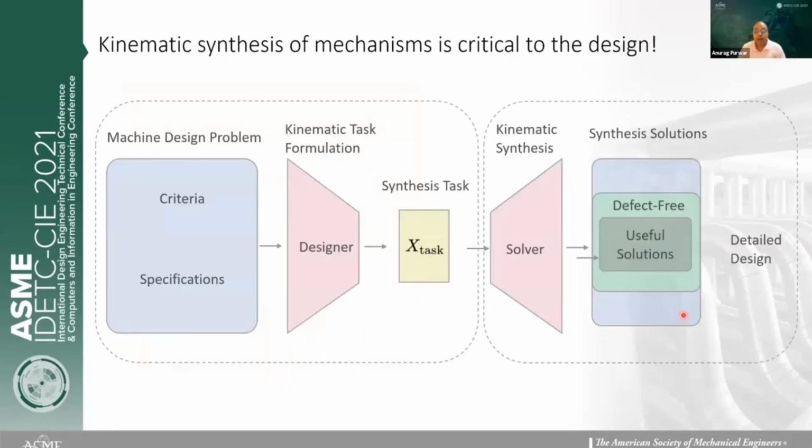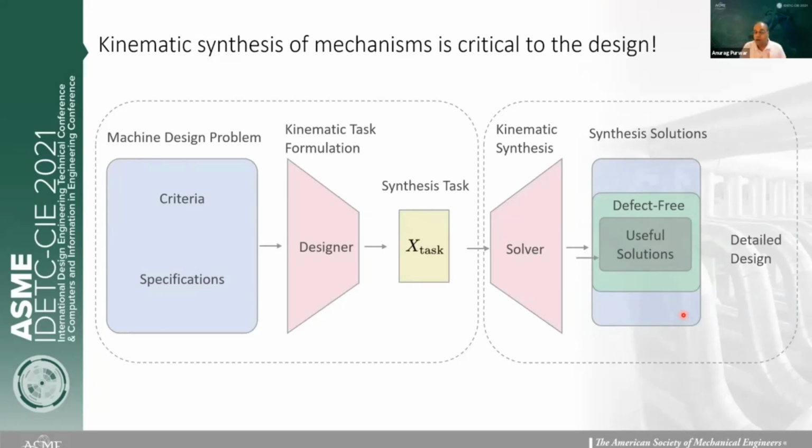Okay. All right. So, we all know that kinematic synthesis in the machine design pipeline is the most critical stage, right? Because we know that no amount of sophisticated programming and electronics will solve the problem if your design of the robot or the mechanism is not a good one, right? And as I mentioned before, typically this starts by having a list of criteria and specifications for the robot or the machine.